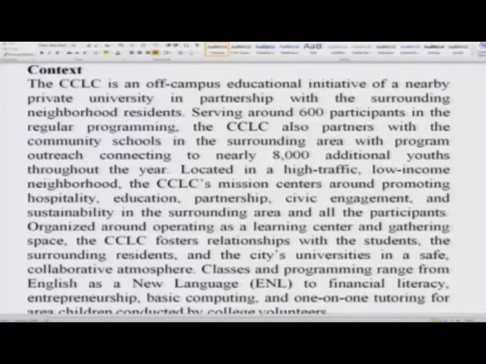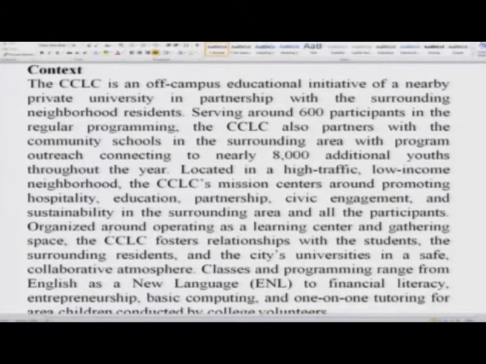Serving around 600 participants in the regular programming, the CCLC also partners with the community schools in the surrounding area with program outreach connecting to nearly 8,000 additional youths throughout the year. Located in a high traffic, low income neighborhood, the CCLC's mission centers around promoting hospitality, education, partnership, civic engagement and sustainability in the surrounding area and all the participants.